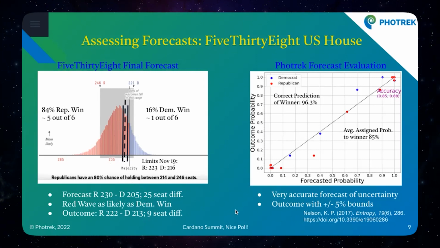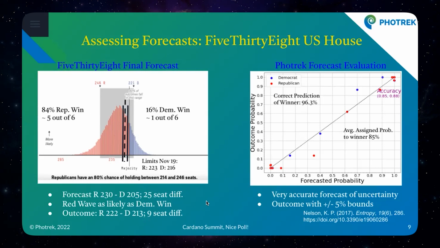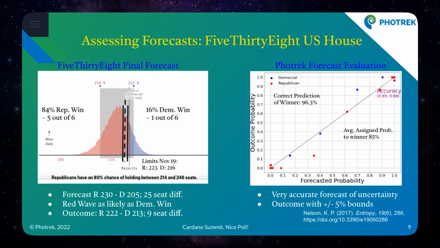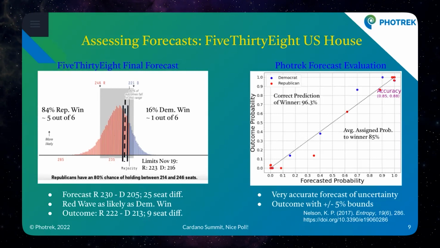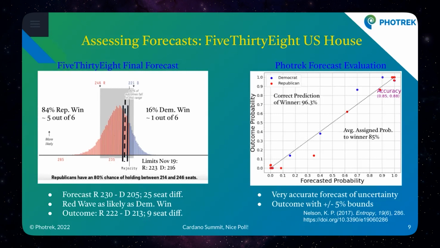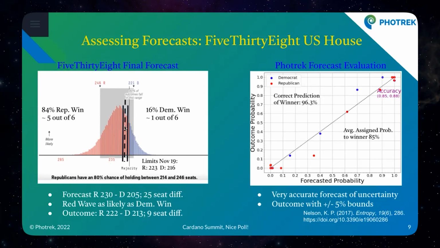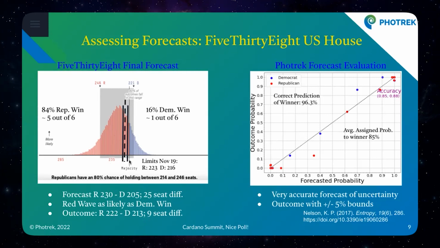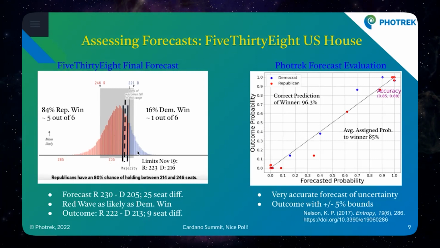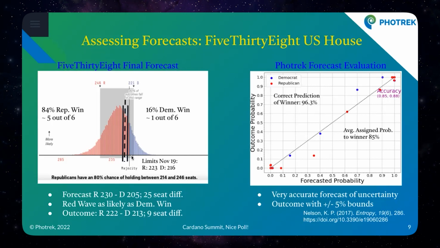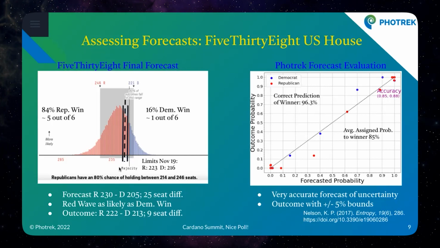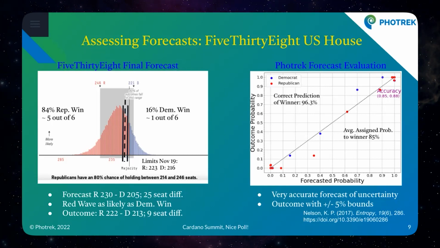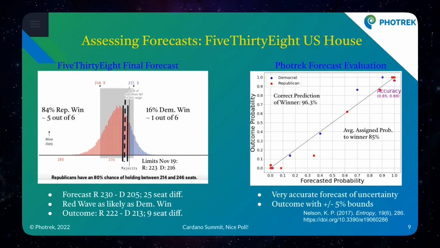However, the news media picked up on this, and just prior to the election, there was this big anticipation of a red wave of Republican wins. Then when the win by the Republicans was much narrower, and even as seats were being counted, the possibility of the Democrats still winning, there was this counteractive narrative that the forecasts had been very bad.